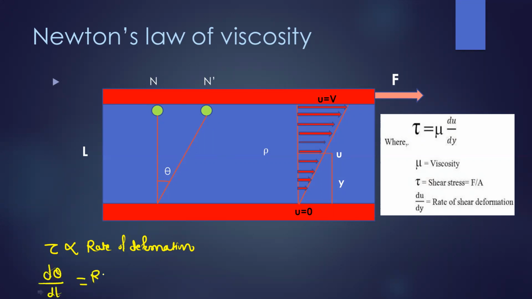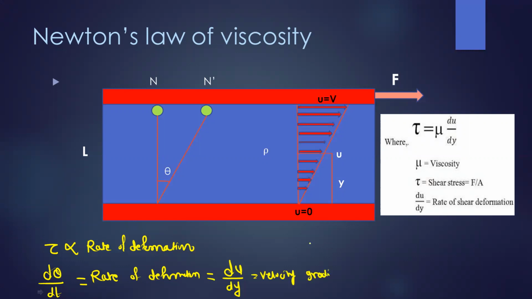This is called the rate of deformation. Just you can watch the previous video, I have given the complete derivation of how we get this rate of deformation. And this is equal to the velocity gradient, which is du by dy. So this is called the velocity gradient.